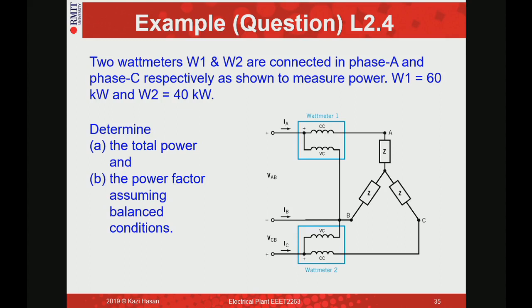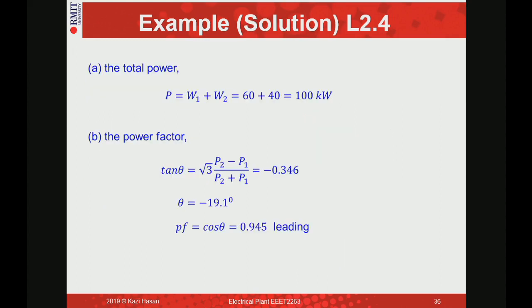So this is easy. The total power will be P1 plus P2, or W1 plus W2 measurements, and the power factor we will calculate from tan theta equals root 3 (P2 minus P1) divided by (P2 plus P1).